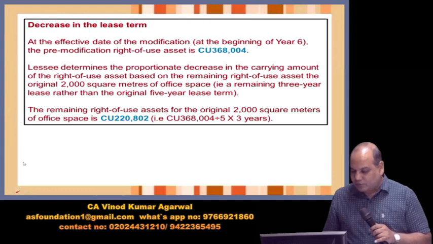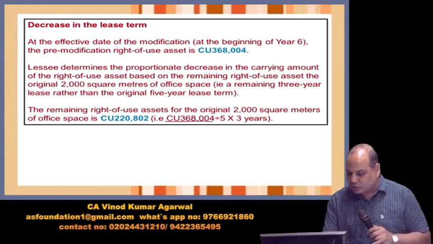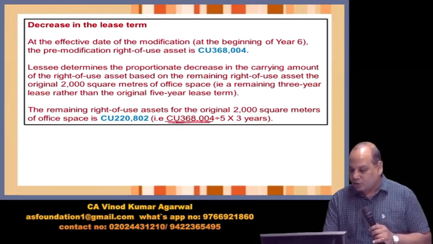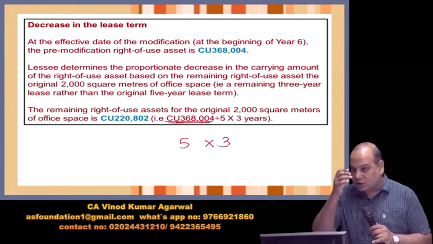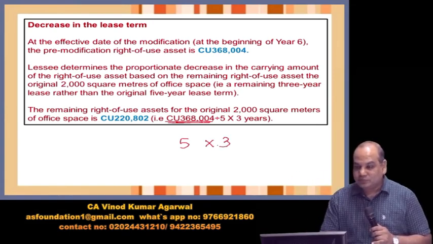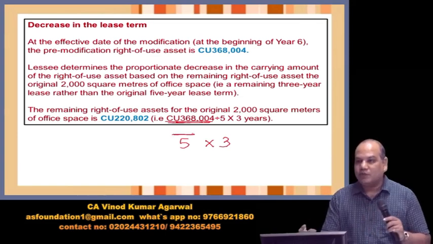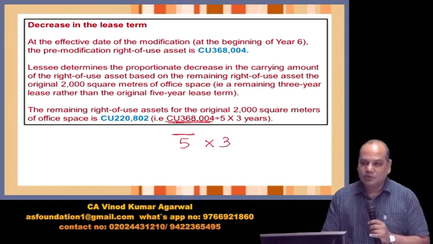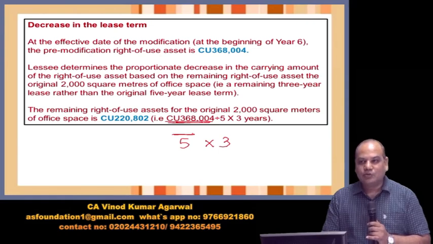Your current book value is, we are talking about asset right now, 368,004. How many years are remaining? Originally 5. So divide by 5. And how many years are now remaining after the lease term? 3. So that means 3 by 5 of my carrying amount should remain in the books.